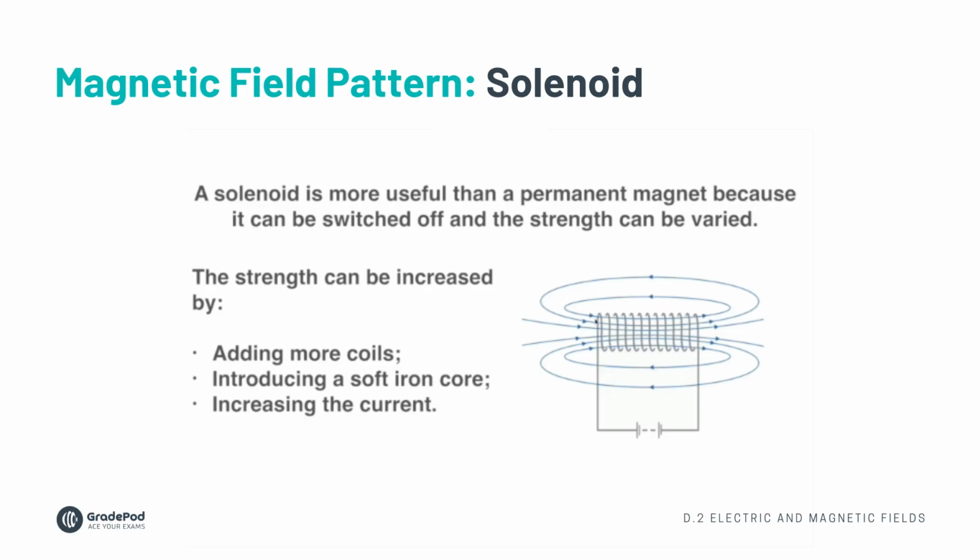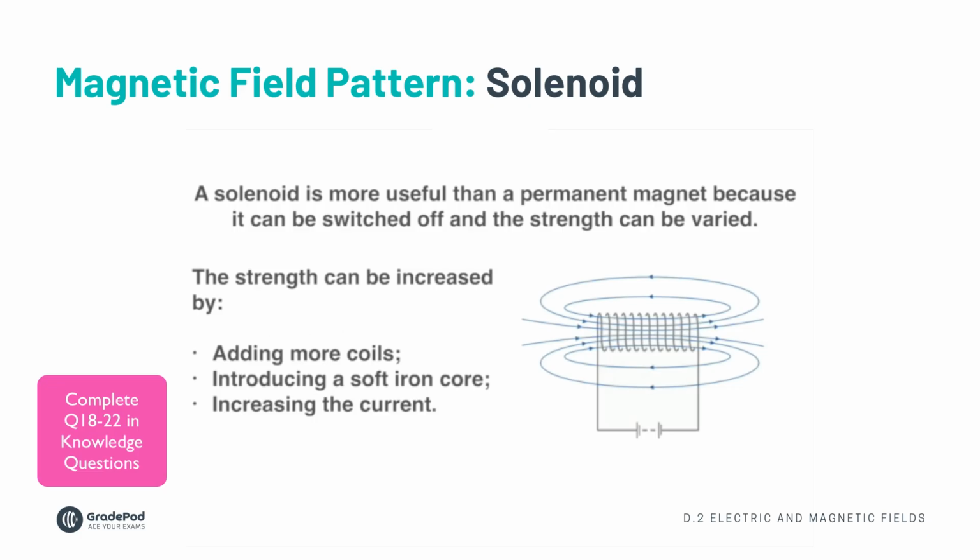We can introduce a soft iron core into the centre here. So instead of leaving it full of air, we can put a soft iron core in there. And what soft iron does is it magnetises in the event of a magnetic field being placed near it. So that strengthens the magnetic field inside the core of the solenoid. And the third thing we can do is increase the current moving into the solenoid.